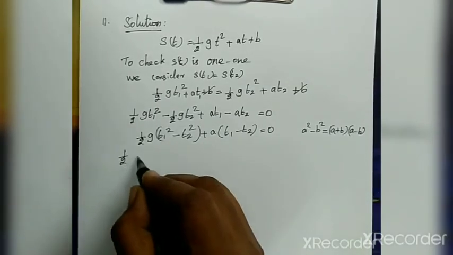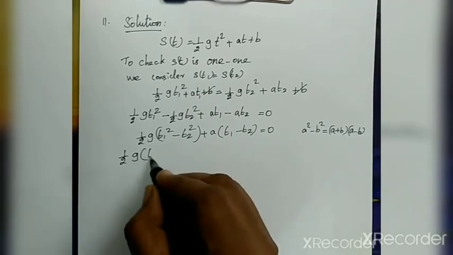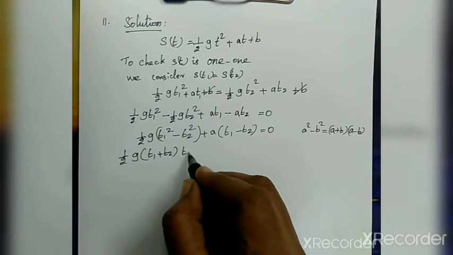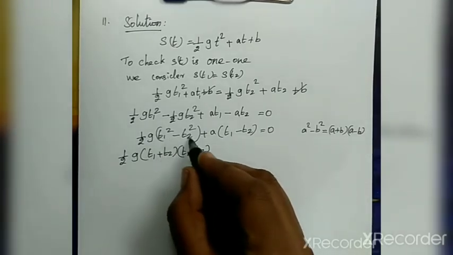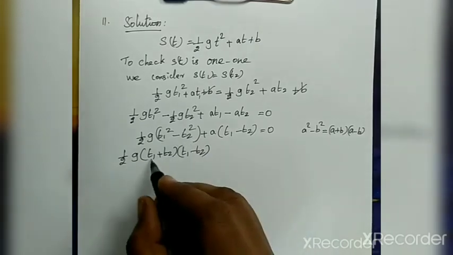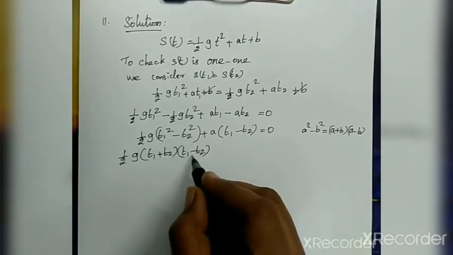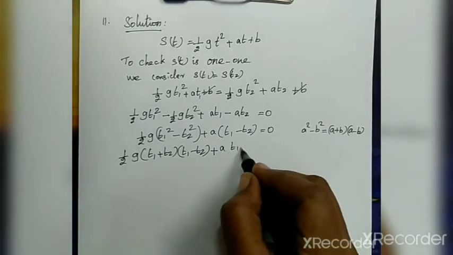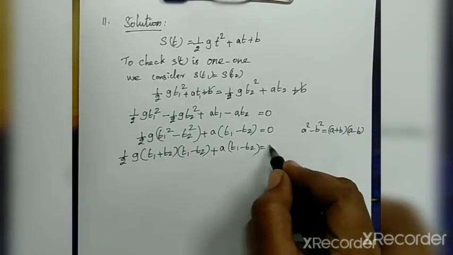So half g into t1 plus t2 into t1 minus t2. We are writing t1 square minus t2 square as t1 plus t2 into t1 minus t2, plus a into t1 minus t2, which is equal to 0.